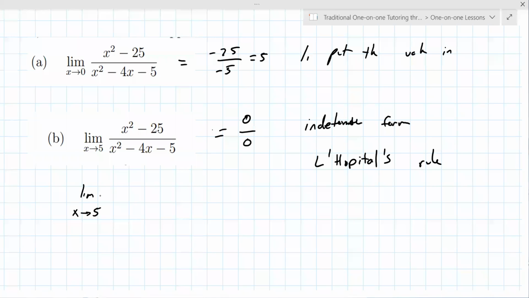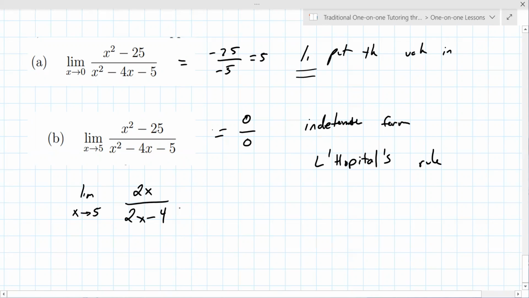AP. Okay. So on multiple choice, they don't care how you do it, so you would want to use L'Hopital's rule because it's fast. 2x, take a derivative of the top, 2x minus 4. And then you go back to step 1 and just try it again. 10 over 6, great. 5/3.